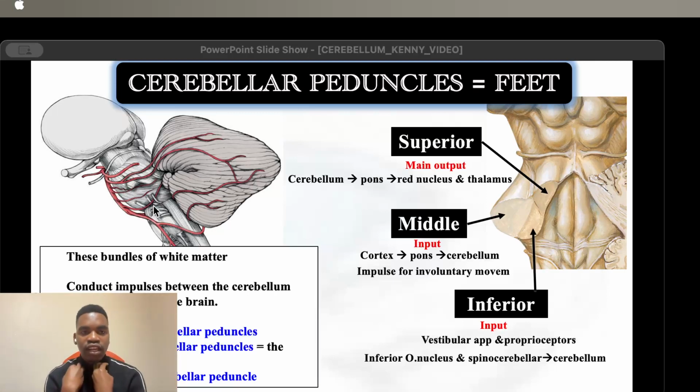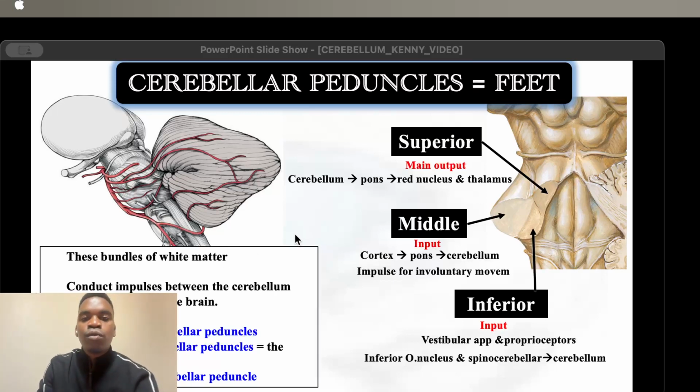So we literally call them the feet of the cerebellum. Peduncle means foot. Peduncles means feet. So cerebellar peduncles are literally the feet of the cerebellum. The cerebellum uses these feet to attach itself to the brainstem.